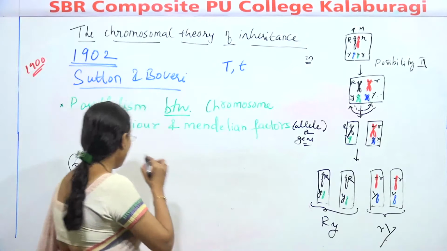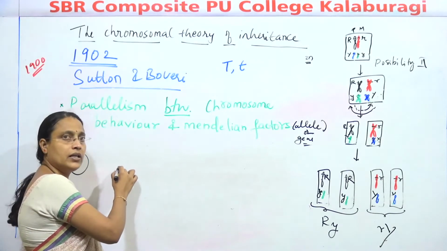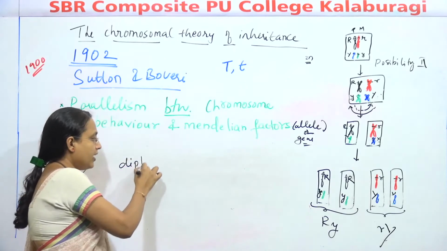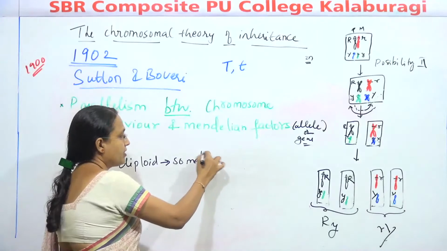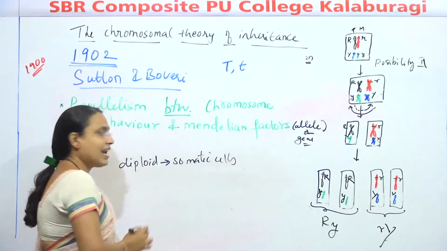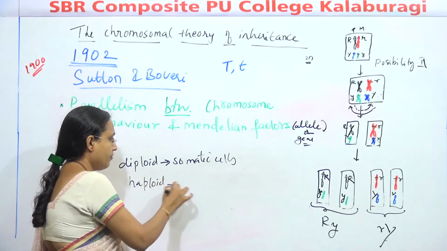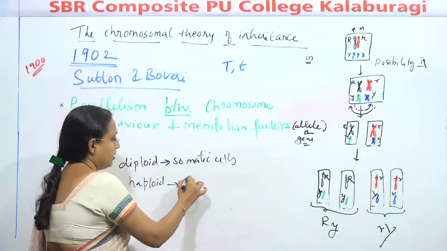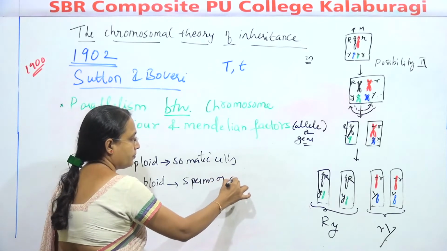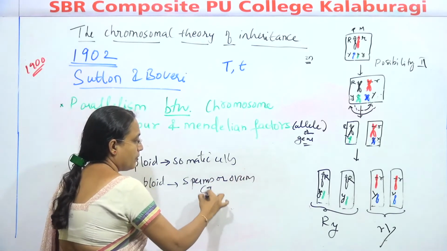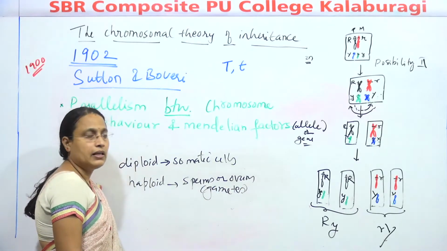So chromosome numbers are diploid in somatic cells, that is body cells, whereas in sperm and ovum, that is gametes, the chromosomes are half.